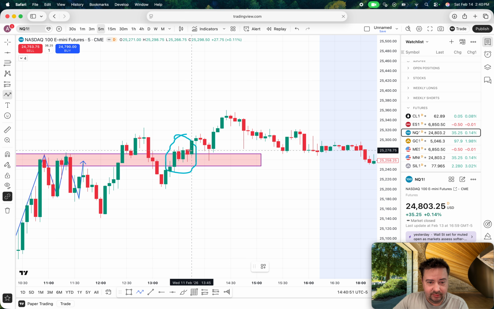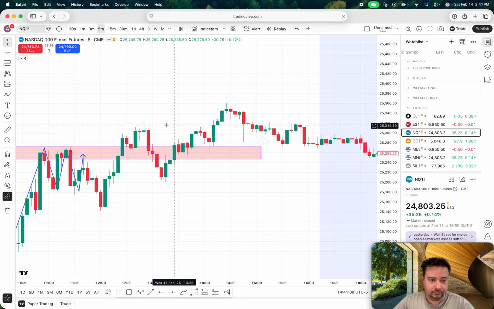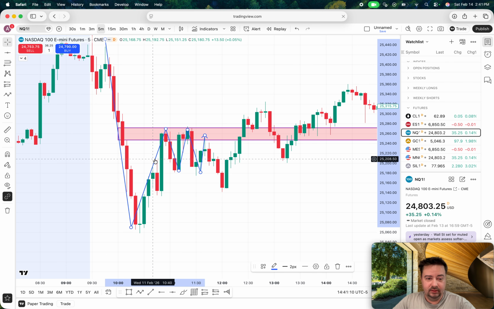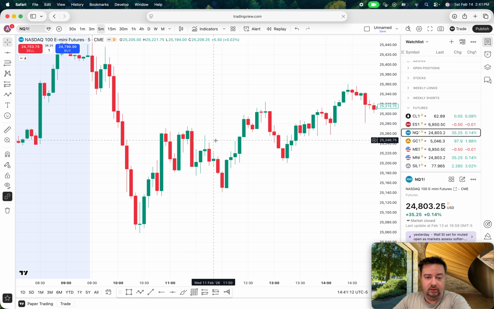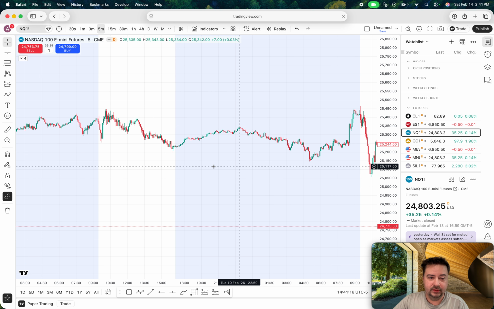So once this fair value gap was inverted, price action moved up, came back down, retested it, and then went higher. That's an inverted fair value gap. So we can see that, like I said, on all time frames. So that is one example.